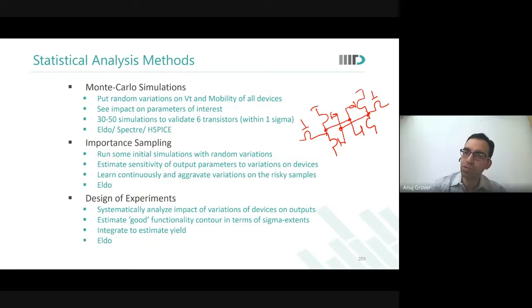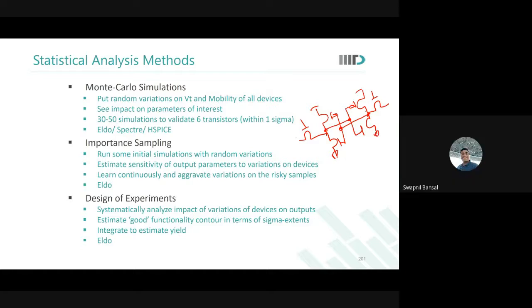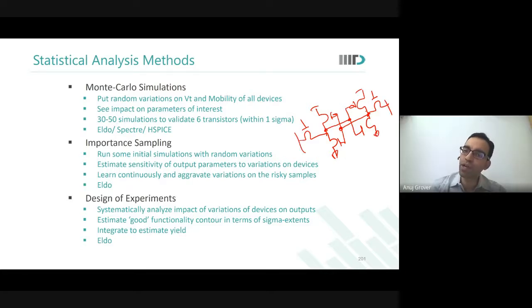Yeah. So this is the memory cell. So what would Monte Carlo do? Monte Carlo would say, okay, reduce its VT by 20 millivolts, increase its VT by 20 millivolts. Something that we did in our paper exercise, that XLS assignment that you did. Monte Carlo would do this on a random basis.